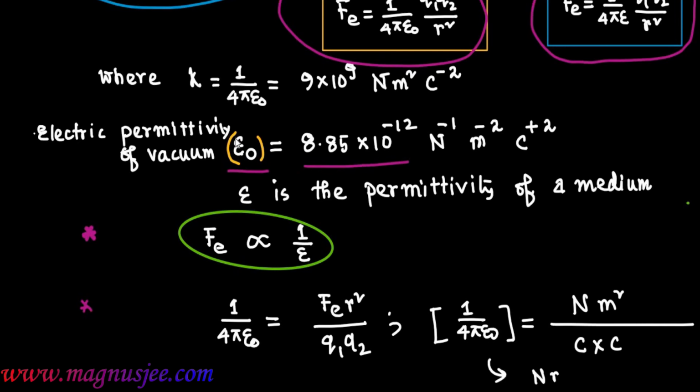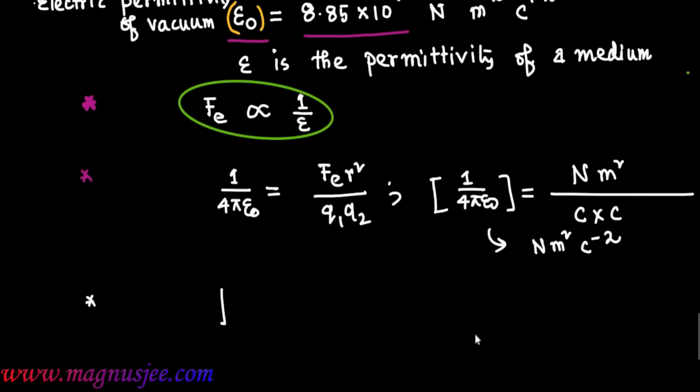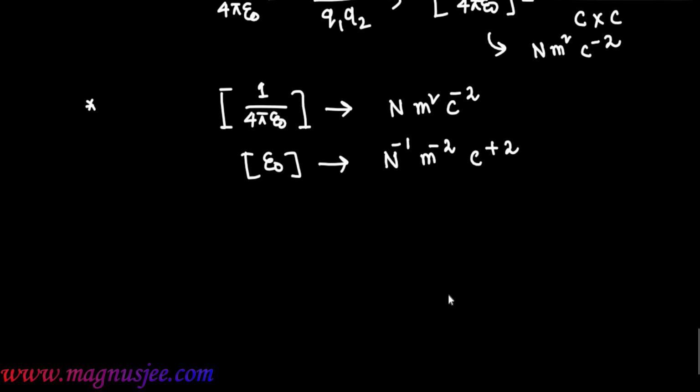That means the unit of the electrostatic force constant, or 1 by 4 pi epsilon 0, is Newton meter square Coulomb to the power minus 2. So the unit of epsilon 0, the permittivity of free space, will be per Newton per meter square Coulomb to the power plus 2, the reciprocal unit of 1 by 4 pi epsilon 0.